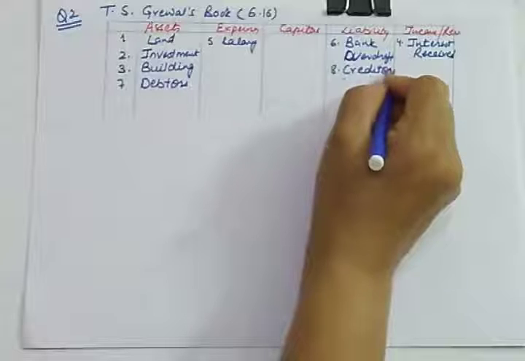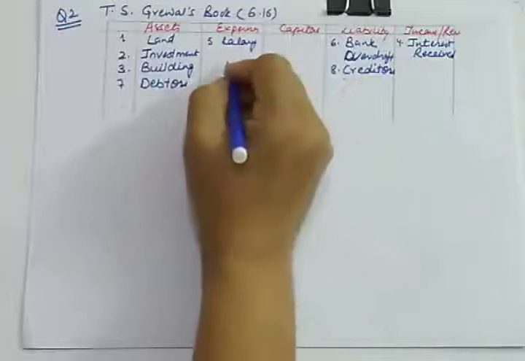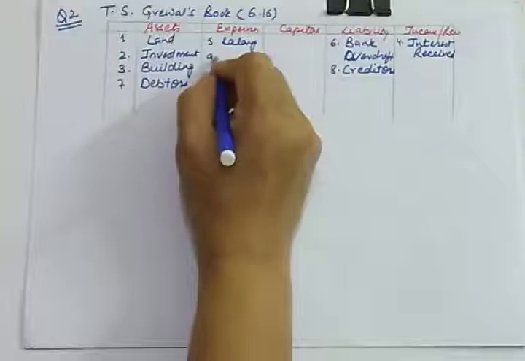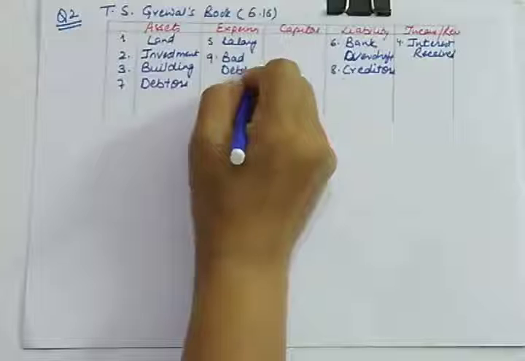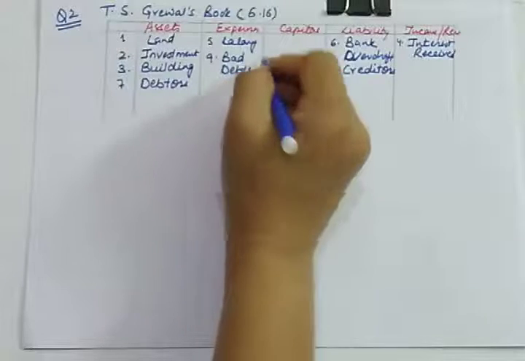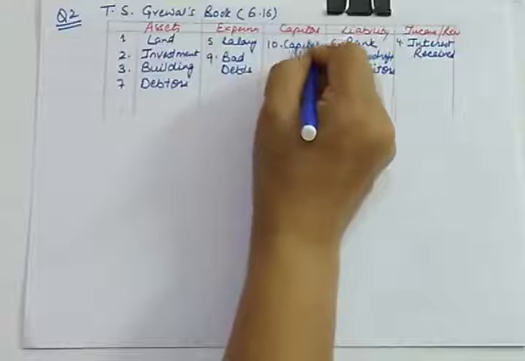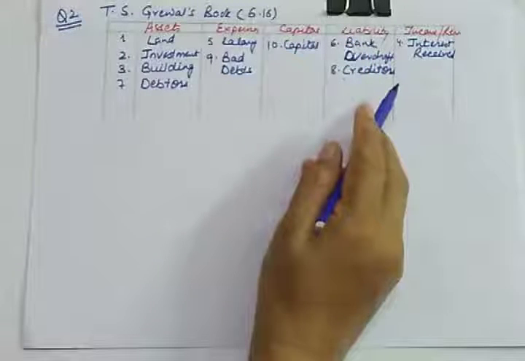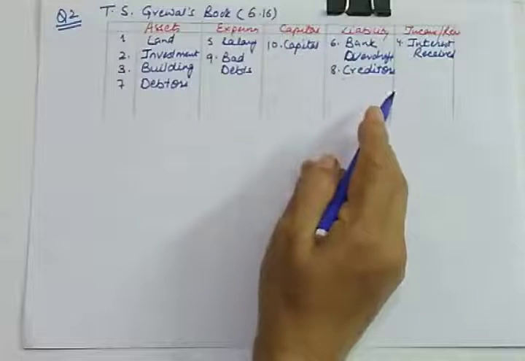They have written Roman numbers, so you can write accordingly. Bad debts. Bad debts is your loss. The next is capital. Capital will come under the category of capital. So you must remember all these categories thoroughly so that you will be able to apply the rules accordingly.